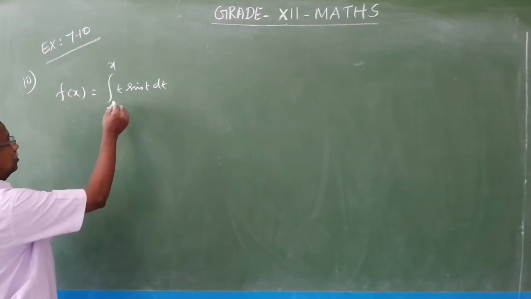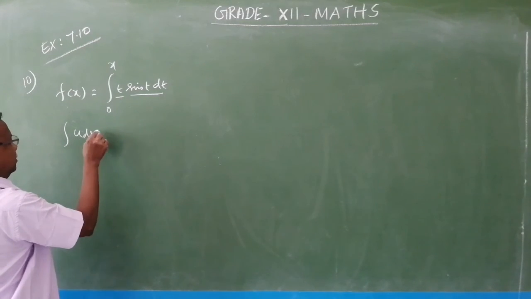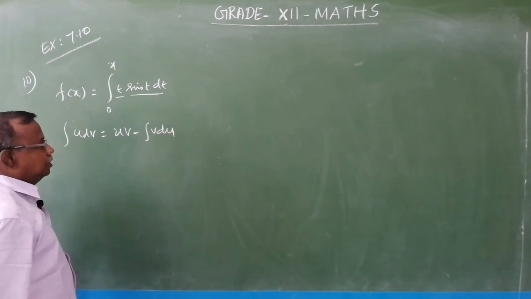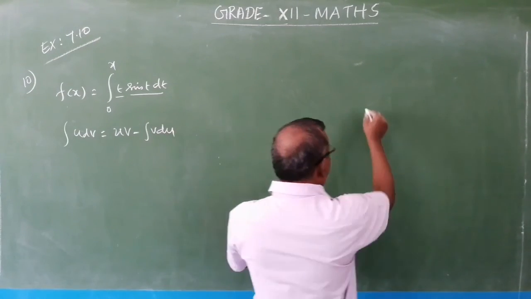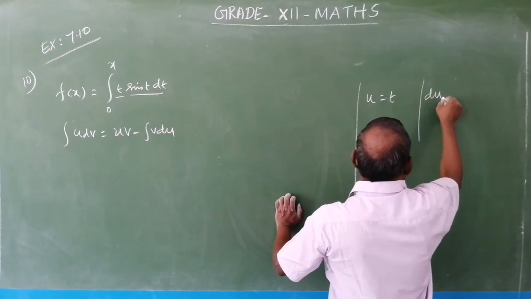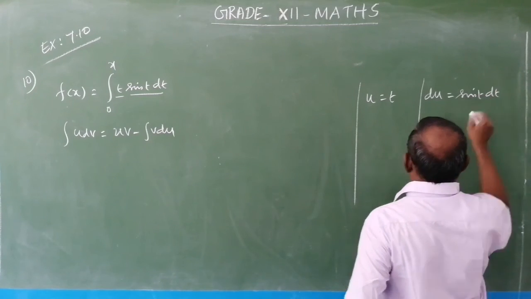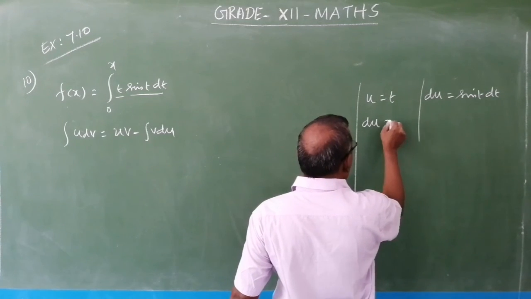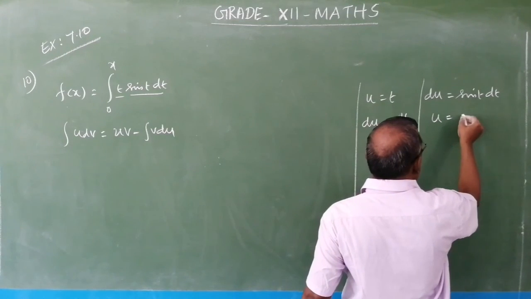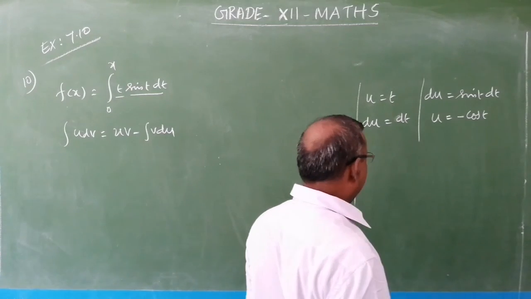Now this is in the form of integral u dv equal to uv minus integral v du. Take u equal to t and dv equal to sin t dt. Then du means dt and v means minus cos t, so integrating we have minus cos t.